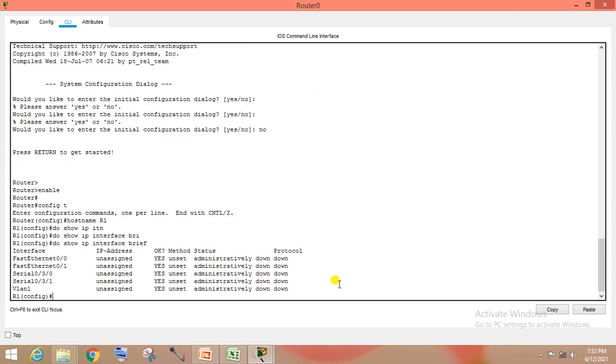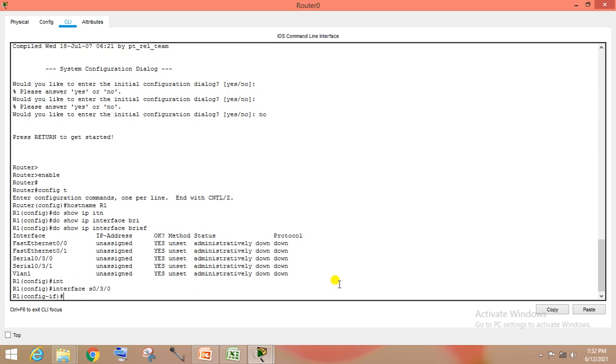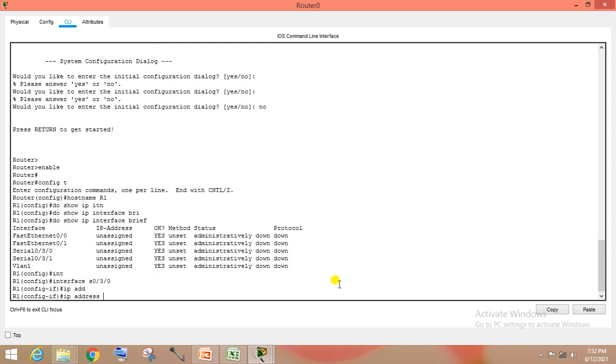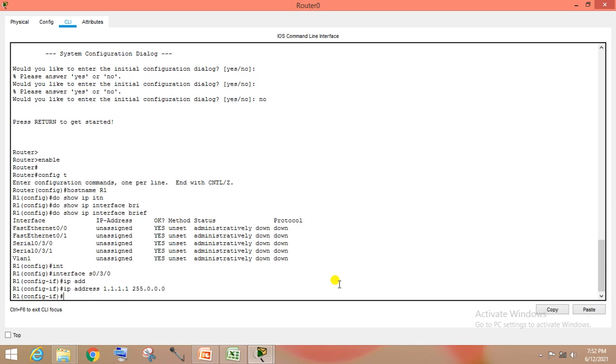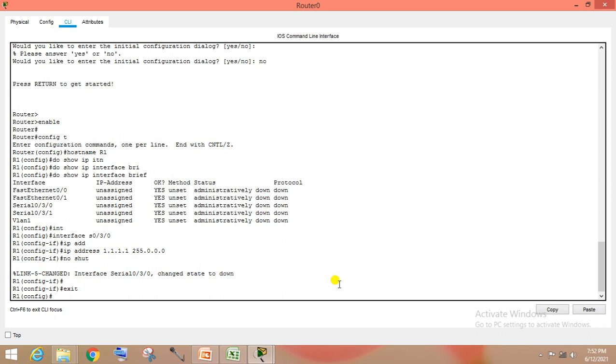So what are the interfaces? Fast Ethernet and serial. First we are giving the IP address to the LAN interface, the LAN interfaces which are connected. Now go to the LAN interface.